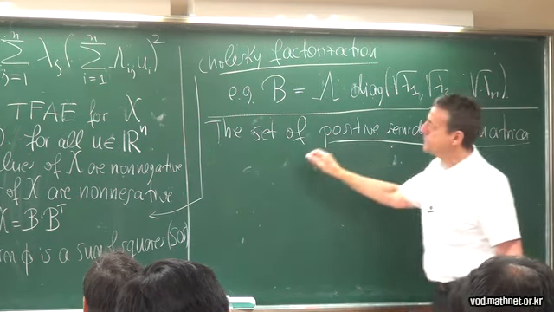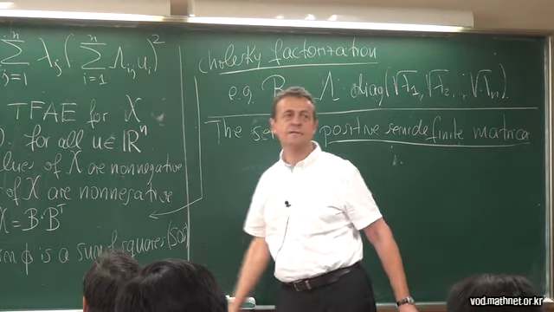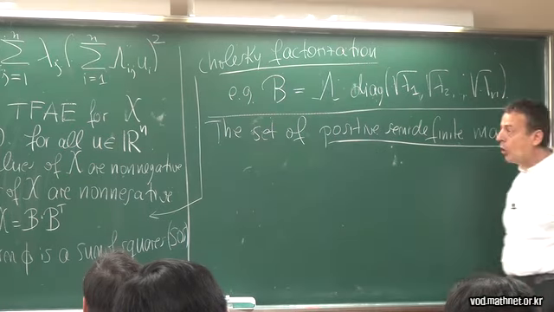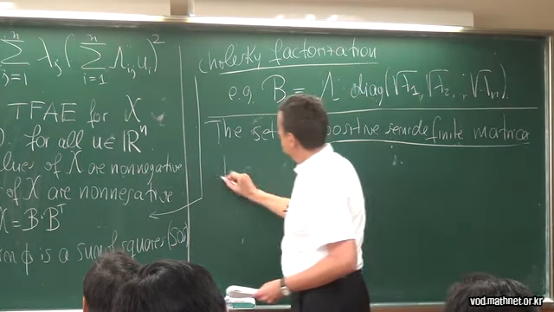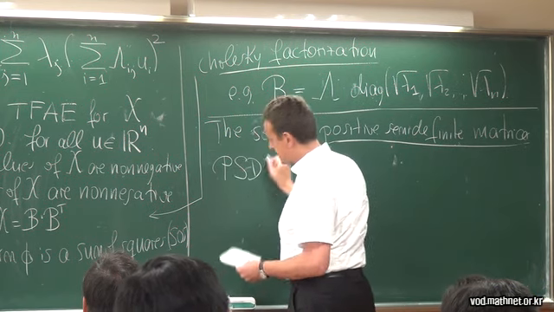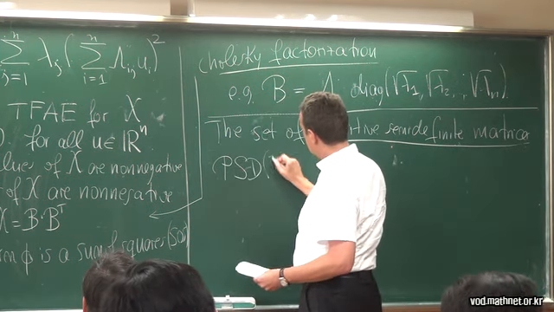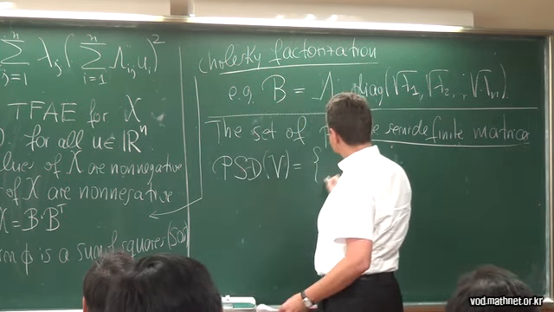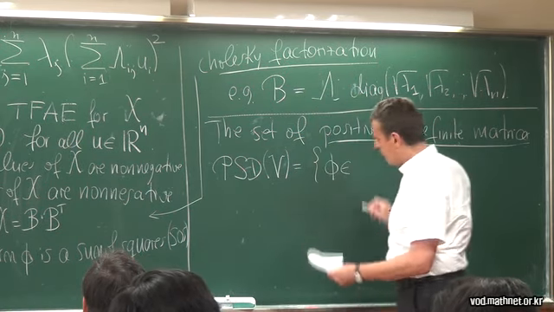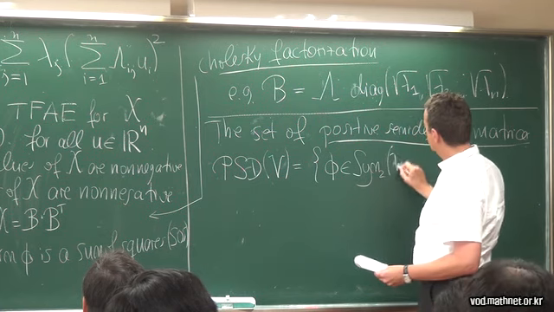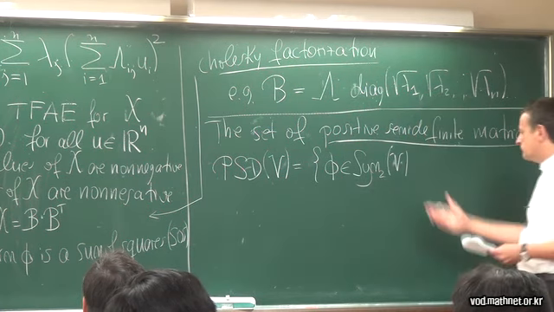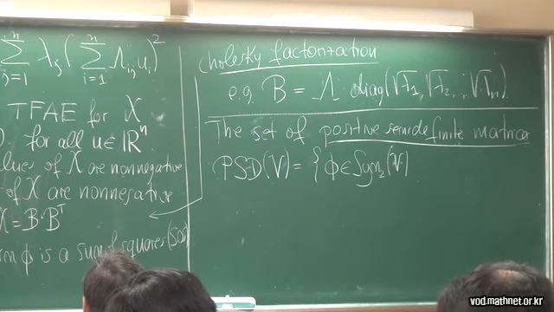Okay, so a matrix is positive semidefinite if it satisfies one and hence all of these 5 equivalent conditions. So let's use the notation PSD of V. So this is the set of all quadratic forms. So quadratic forms on V, right?